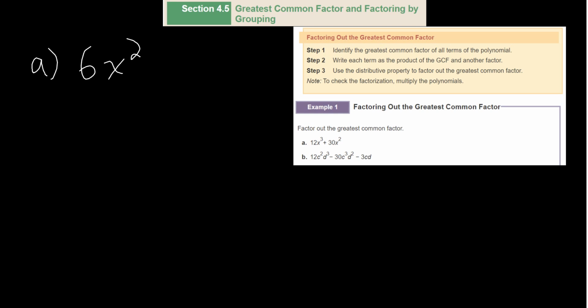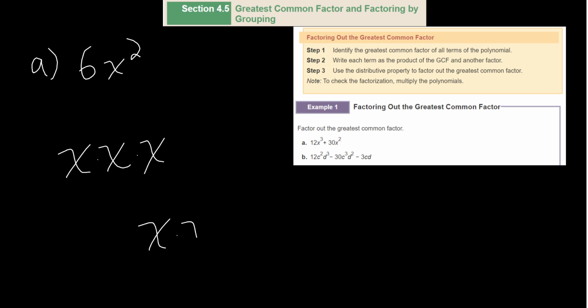Now, really quickly, I feel like there might be some confusion because you'll be like, wait a minute, x squared doesn't go into x cubed. Well, it's basically asking how many x's.